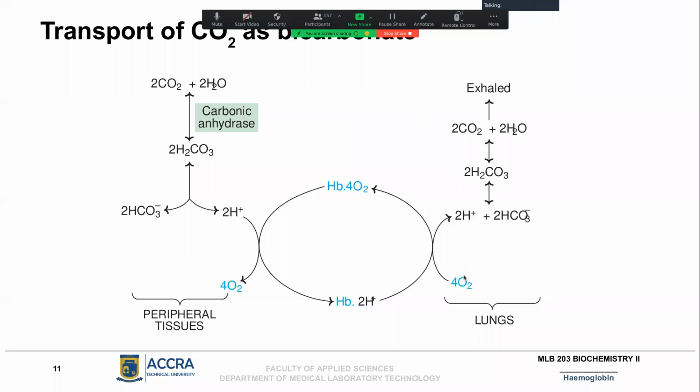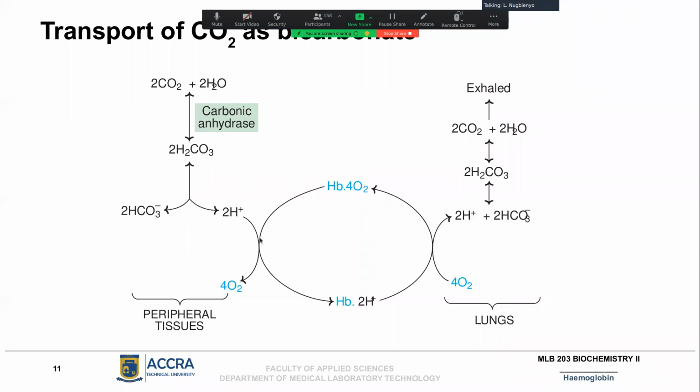Now, in the lungs, you have 4 molecules of oxygen coming in to bind to hemoglobin to give you oxyhemoglobin. Here, this oxyhemoglobin is then carried to the tissues.